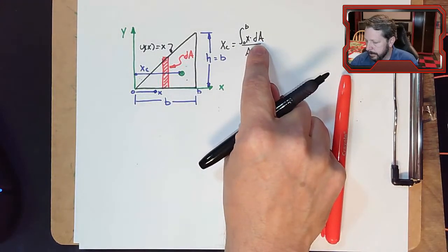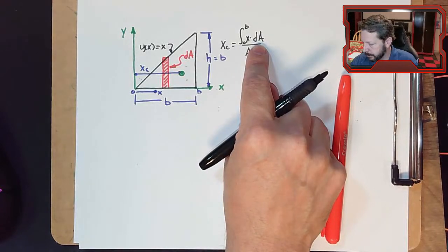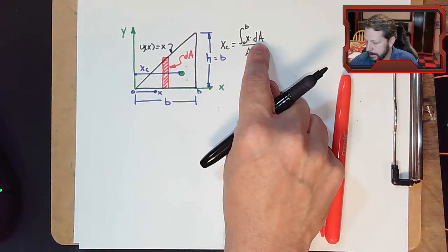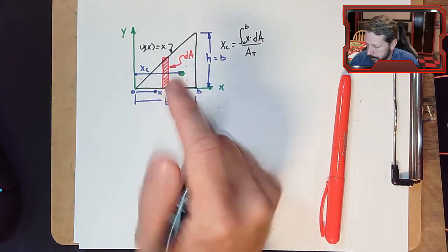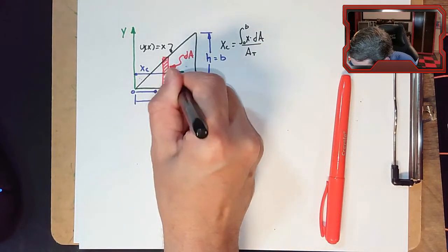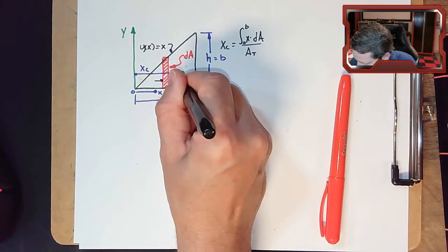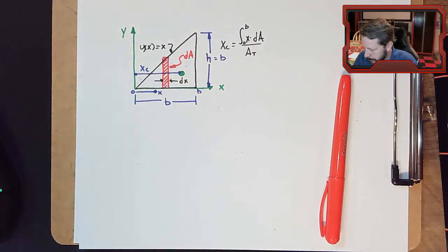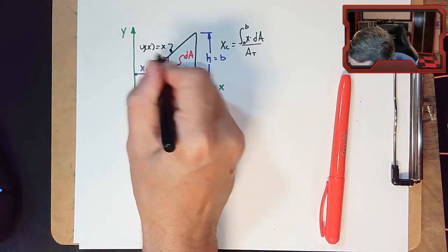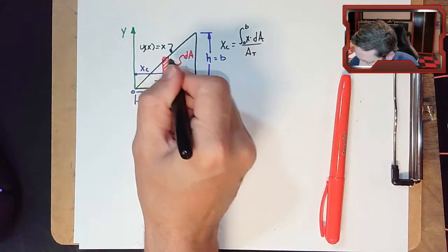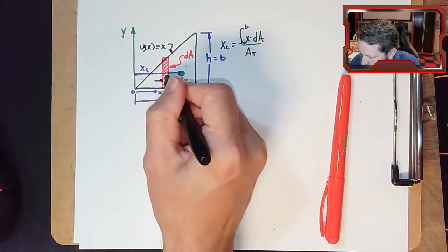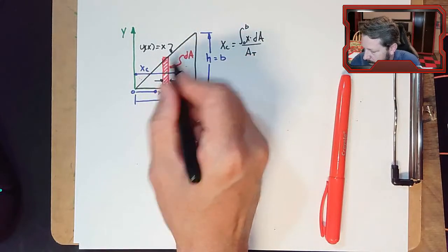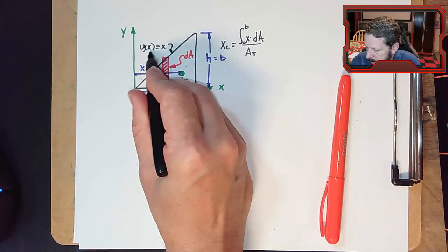dA, you probably don't know how to take the integral of x dA. So we're going to redefine dA. dA is this shape, and it has a width of dx. We're going to make it really, really thin, so a dx width, and it has a height of y of x. So the height of this, no matter where I put this strip, over here or over here or over here, is defined by this equation.